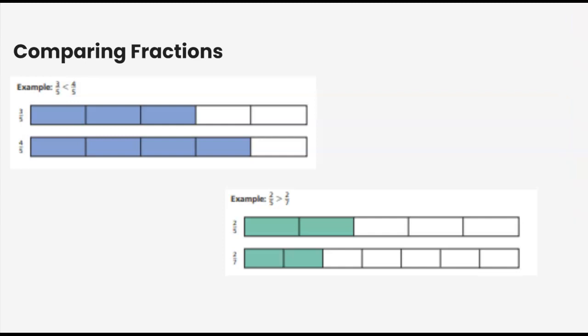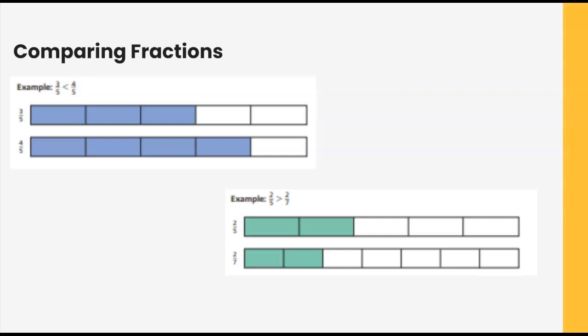So we want students to generalize, one, that if the denominator is the same, it means that the pieces of the two wholes that I'm comparing are the same size. If the denominators are different, then the lesser number actually has greater pieces, so that each piece takes up more space and has more value.